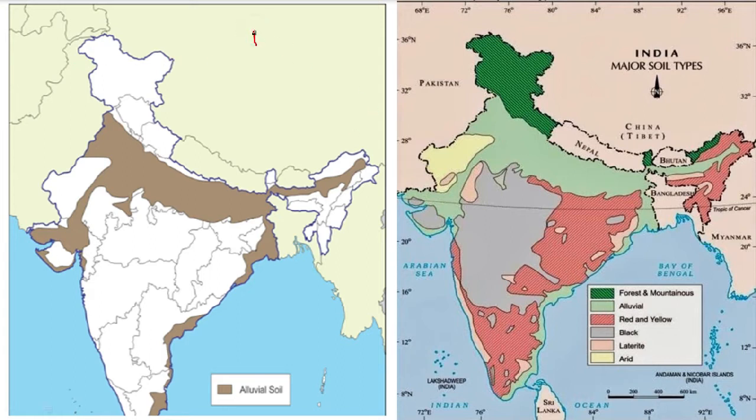Just to correlate this with your diagram, let us try to use this following map. So this one will be our map number 1 and this one will be our map number 2, just for a bit of clarification. So in the map 1, please see the map 1. To the northwestern part of India, actually there is the flow of the river Indus. So here we can see I for Indus.